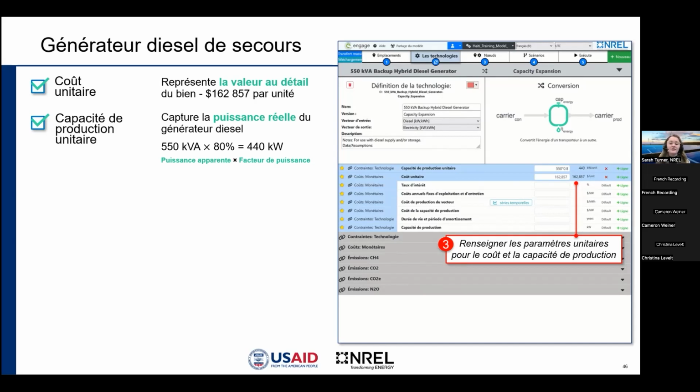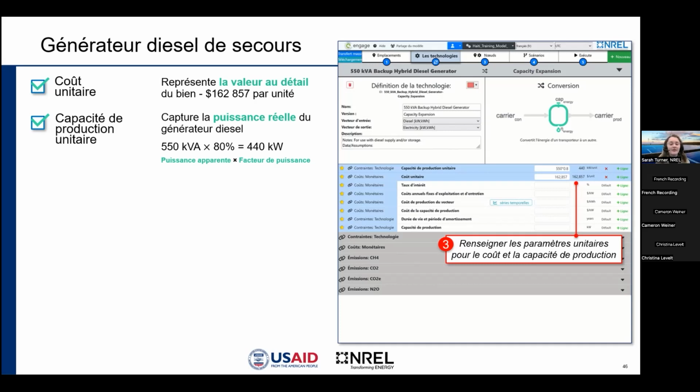Since our diesel generator has a kilovolt-ampere rating of 550, which is the apparent power of the generator, we would want to multiply the capacity against a power factor of, let's say, 80%, because this will represent the real power of the generator at 440 kilowatts.